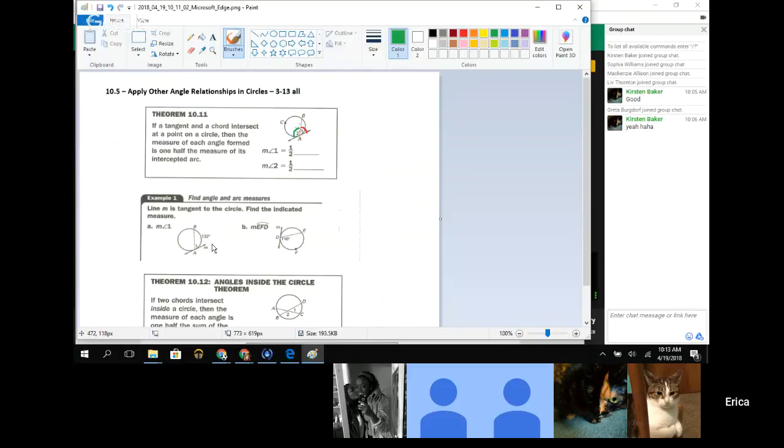All right, so if I look at the measure of angle 1 here, this red measurement, that is equal to 1/2 the measure of arc AB.